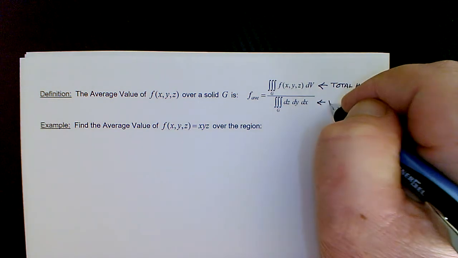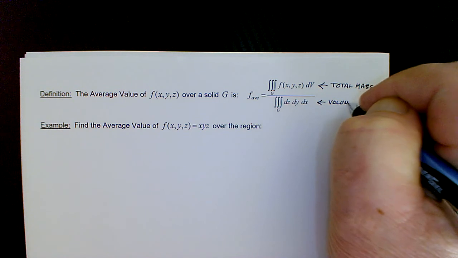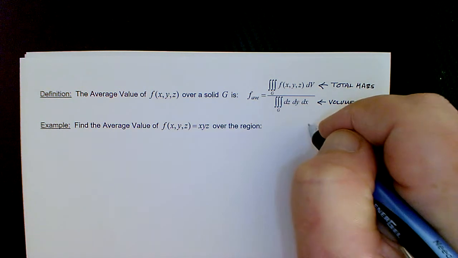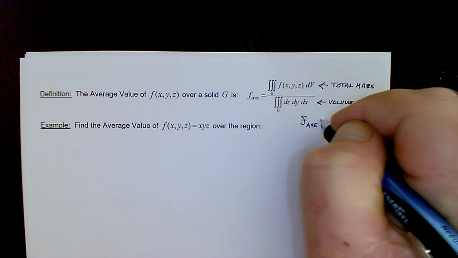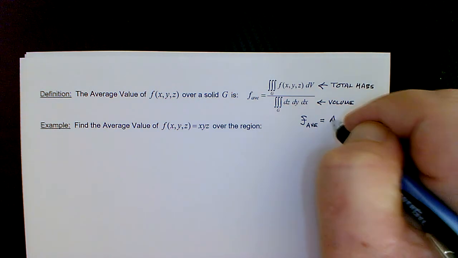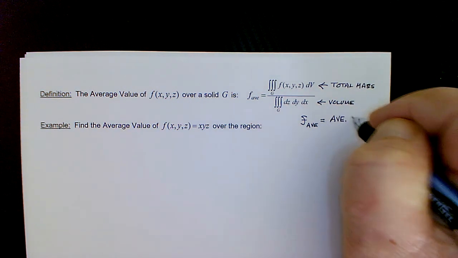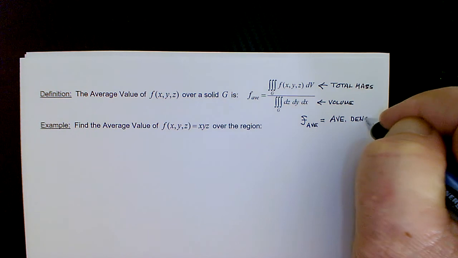So therefore, this F average can be thought of as the average density, because density is mass over volume.